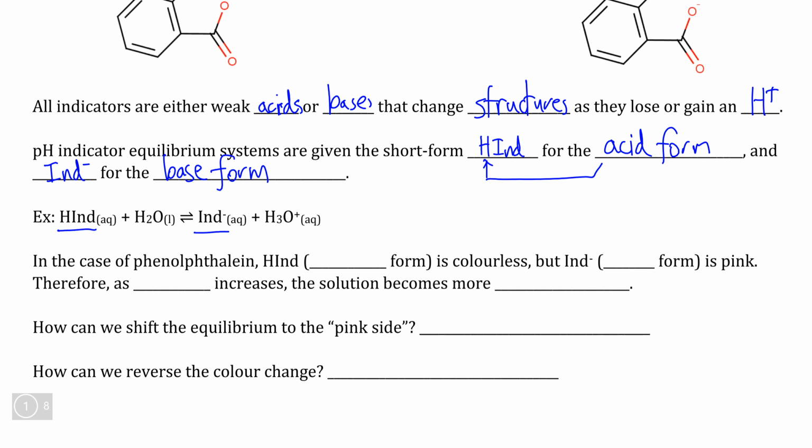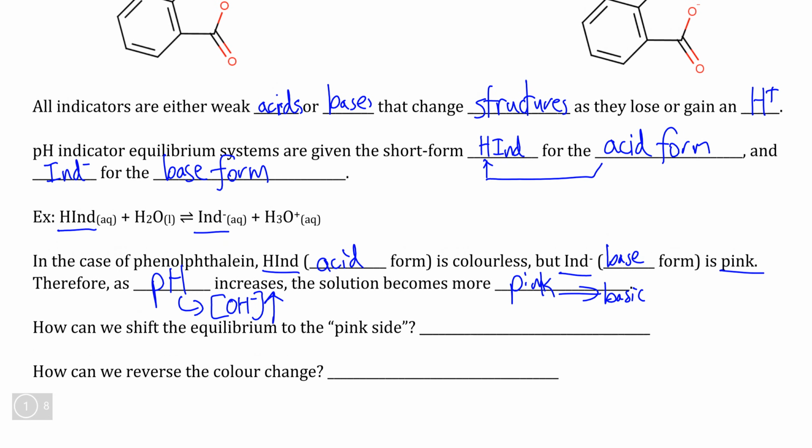So in the case of phenolphthalein, the acid form is the colorless form, but the base form is the form that takes on the pink or purple color, and therefore as the pH of the solution increases, meaning that as the concentration of OH- increases, the solution becomes more pink. And the fact that we are seeing more of the base form indicates that our solution is becoming more basic.